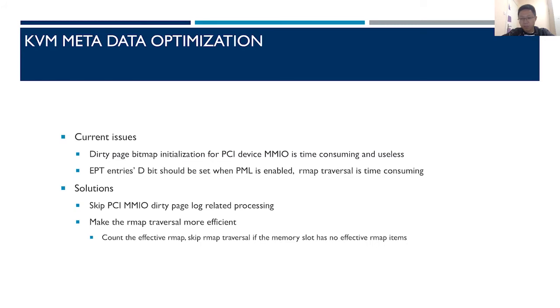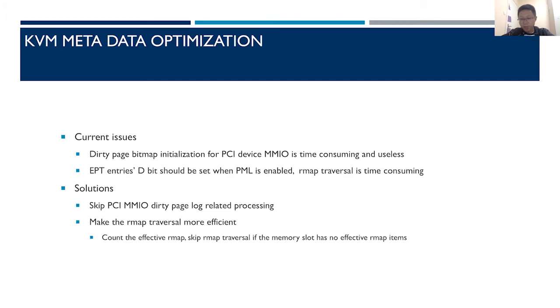When PML is enabled, setting EPT entries dirty is the last time-consuming operation. It uses the reverse map to get the EPT entries for setting the dirty bit. Crossing all the reverse map entries is time-consuming if the virtual machine has a large RAM.